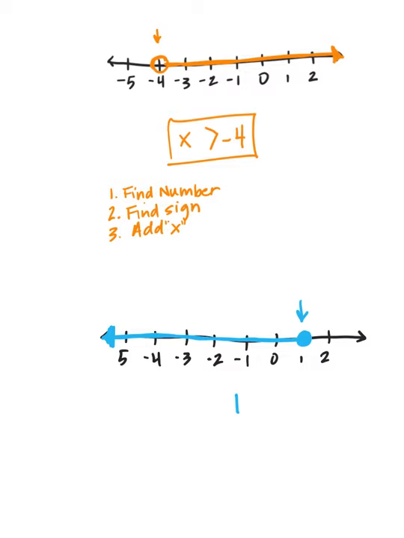I always put my number on the right side of the inequality sign because I want X to be on the left side. So this one is saying that X is to the left, which means less than, and it's circled in, which means it's also equal to. X is less than or equal to 1. If I go back and look, then yes, X is less than or equal to 1.